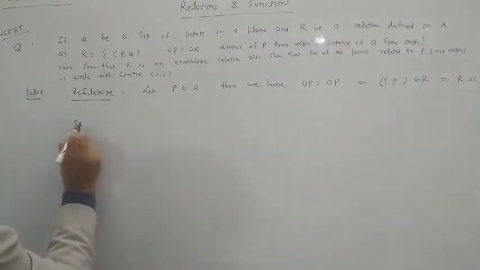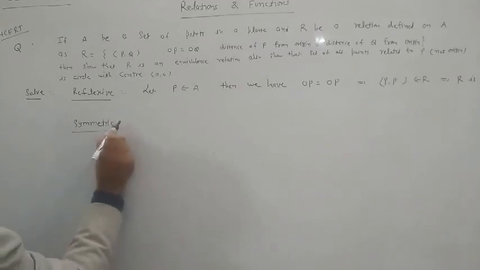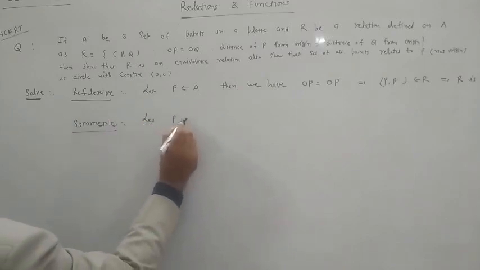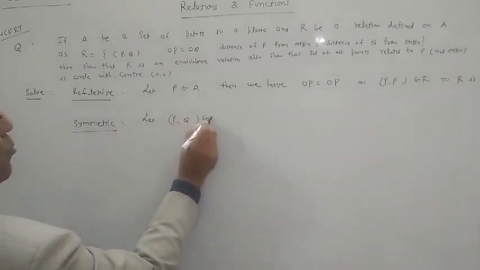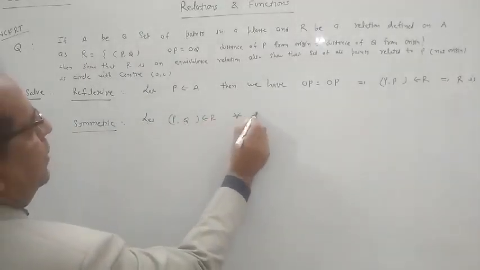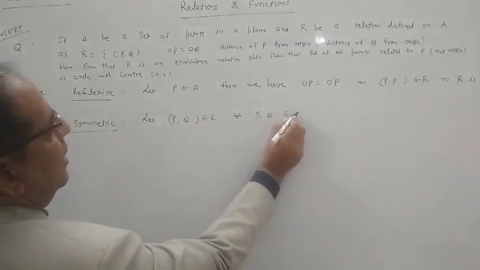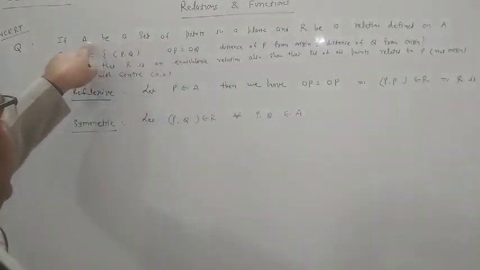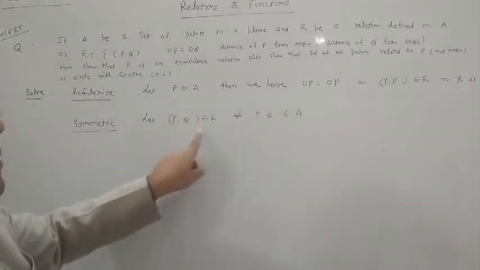Symmetric. Let (P, Q) belong to R for every P, Q that are elements of A. P and Q are elements of set A, which is the set of points in a plane.